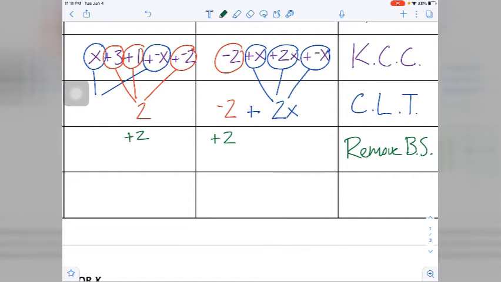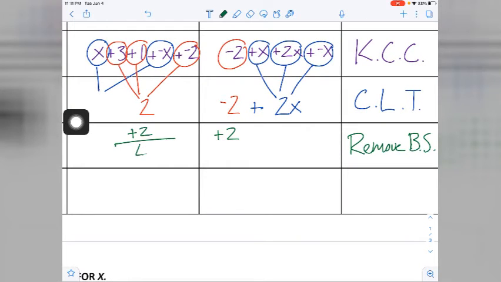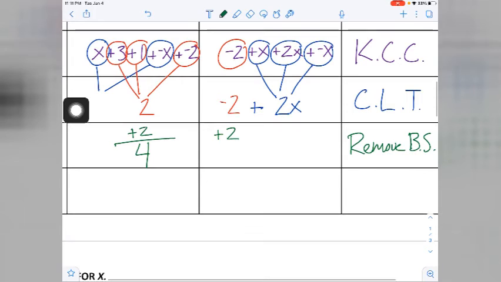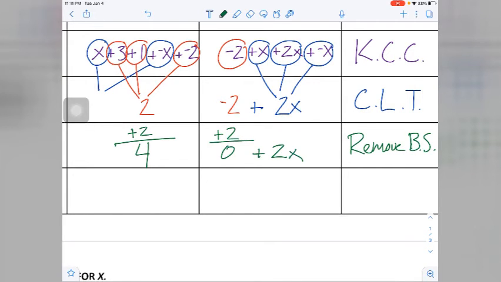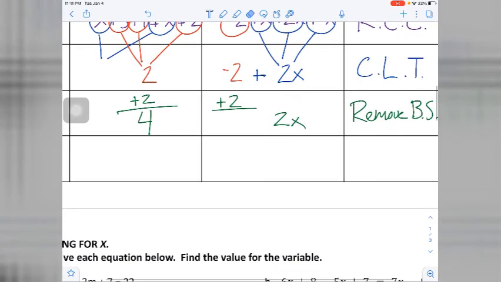But if you did that, you would still get the same result as if you add +2. So 2 plus 2 on this side is equal to 4. And then on the other side, -2 plus 2 is equal to 0. So I have 0 plus 2x. And again, we don't actually need to write the 0, so I am going to erase it.